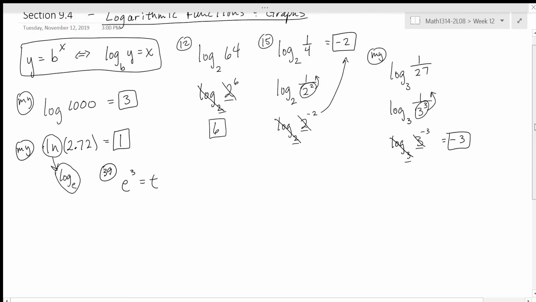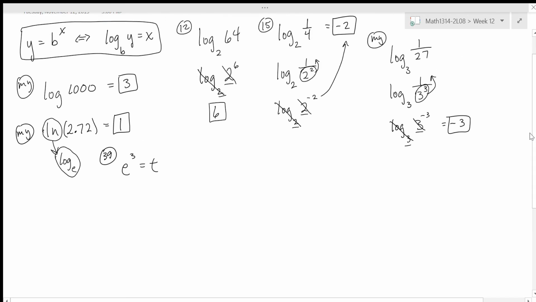And so that's where we're going to use this converter up here. We're going to use this mess and convert it to log, okay? So this is going to be log. And then where does the base come from? It's whatever has the power. So what has the power here?